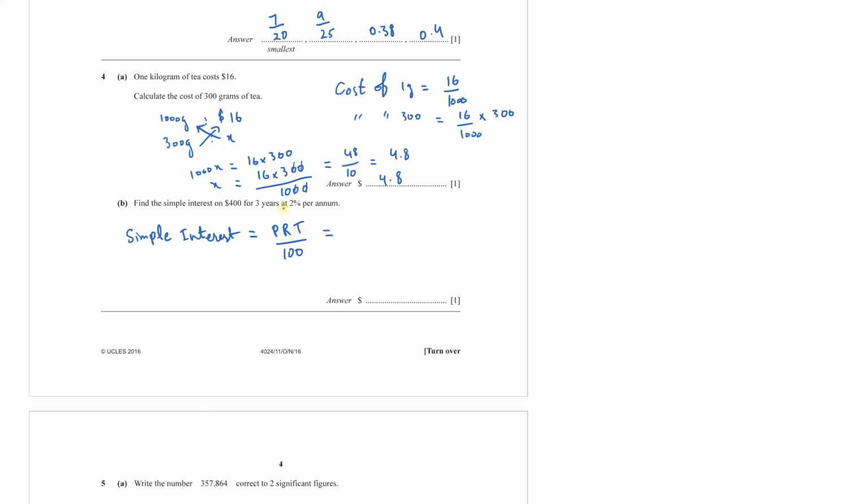So principal is 400, rate is 2, and then time is 3 years, so 3 over 100. These zeros cancel out. 4 times 2 is 8, 8 times 3 is 24. So $24 is the interest on $400 for 3 years at a 2% rate.